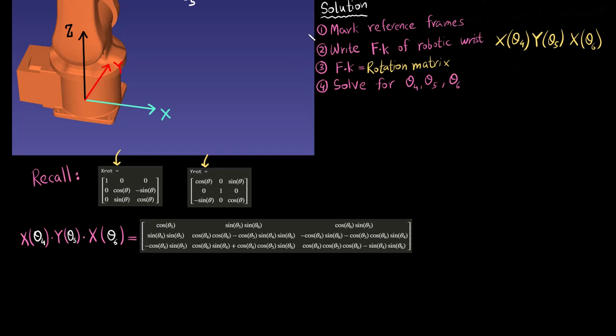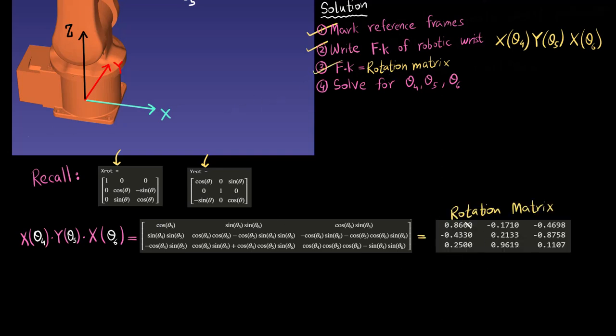And so I am done with the first step, I am done with the second step, and now I have to do the third step, which is comparing the forward kinematics to the rotation matrix. So this is me just writing out the rotation matrix again, and now I just need to compare the two.